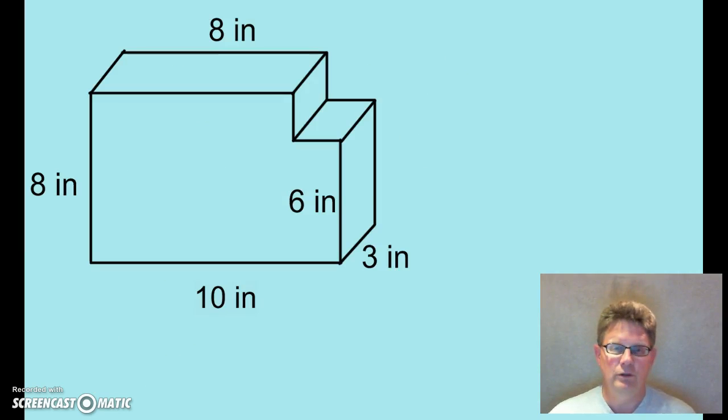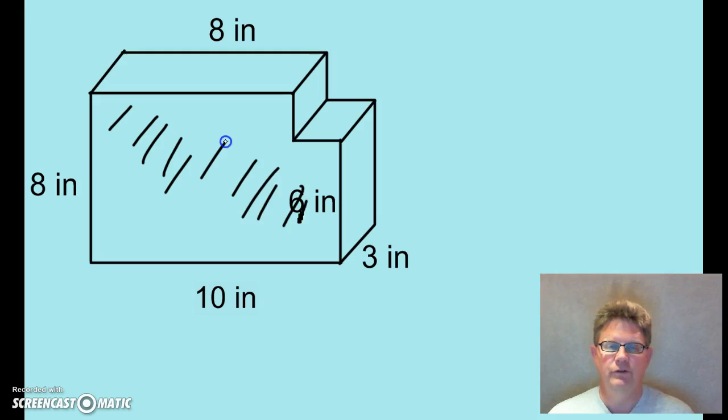Alright, oops, went the wrong way. Okay, sometimes your prisms are not going to look real nice. Okay, this prism, the base is this whole front surface here, and of course there's another base in the back that looks exactly the same.